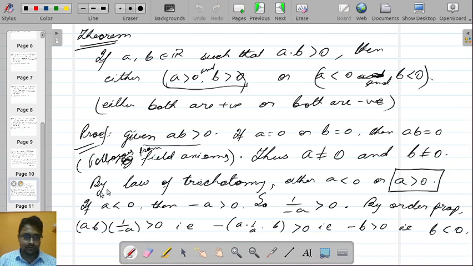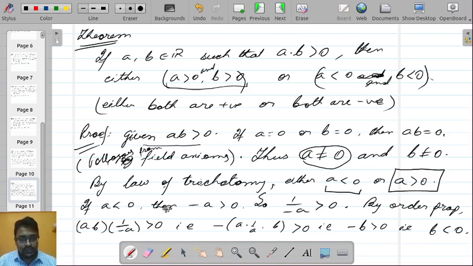If you see the proof again, given that AB is greater than 0, if A is equal to 0 or B equal to 0, then AB is equal to 0. So this cannot happen. Thus A should not be equal to 0, B should not be equal to 0. So by law of trichotomy, since A is non-zero, there are two possibilities: either A is greater than 0 or A is less than 0.